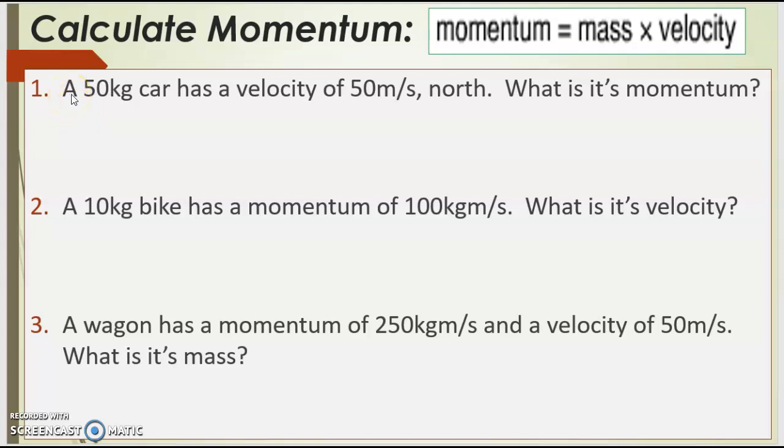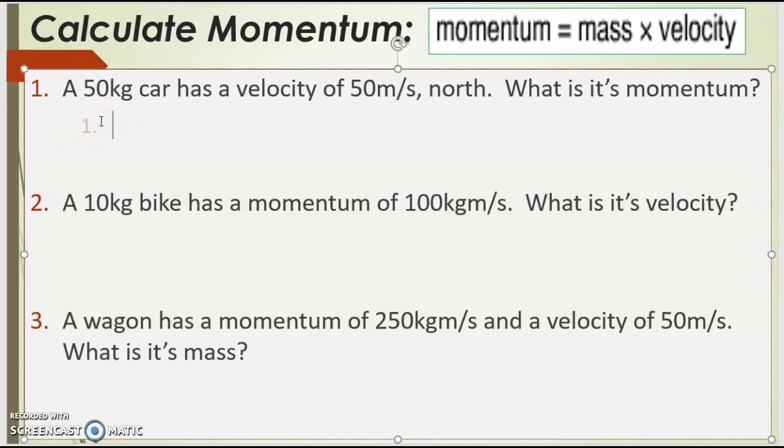So this first question: a 50 kilogram car has a velocity of 50 meters per second north. What is the momentum? Momentum equals mass, which is 50 kilograms, times velocity, which is 50 meters per second.